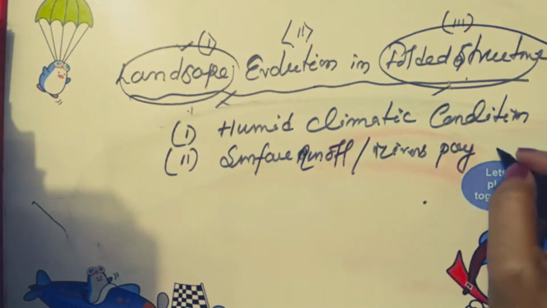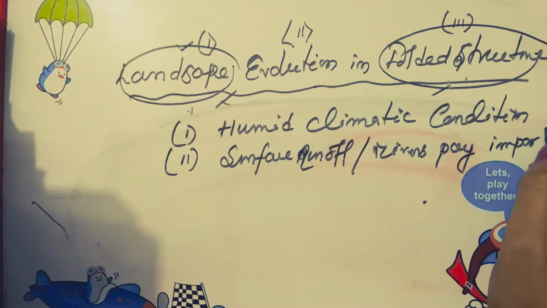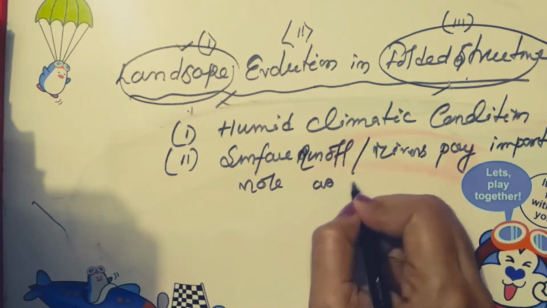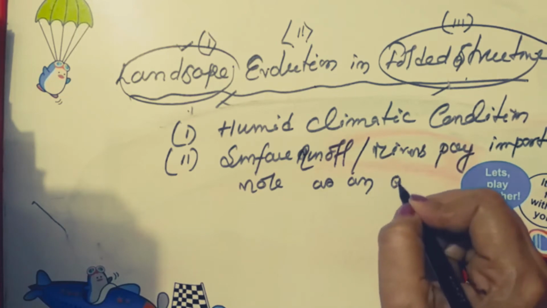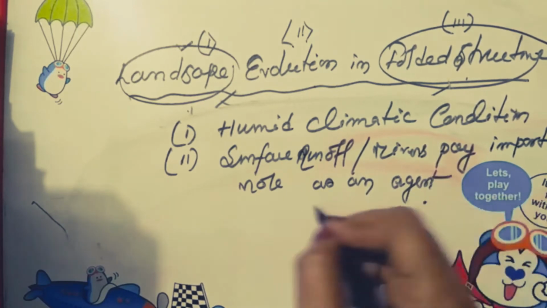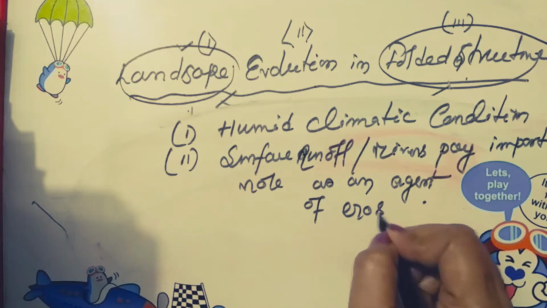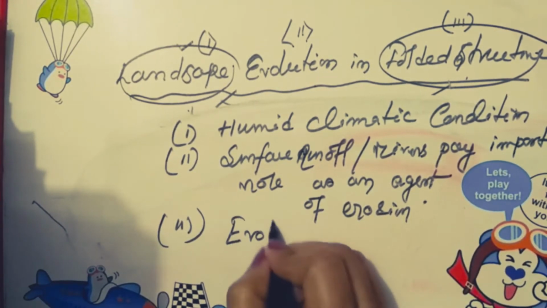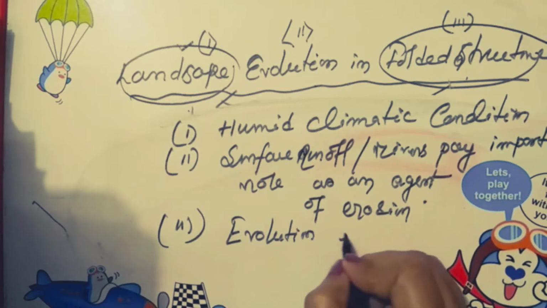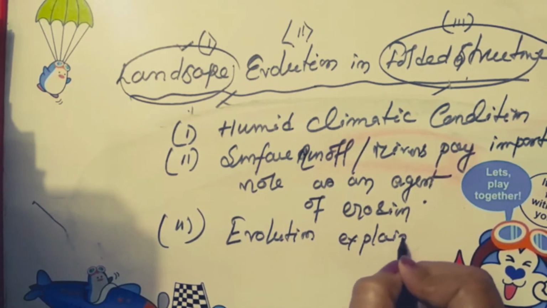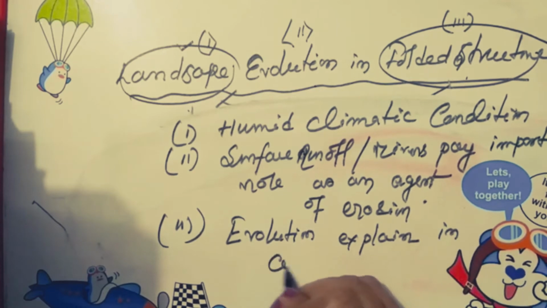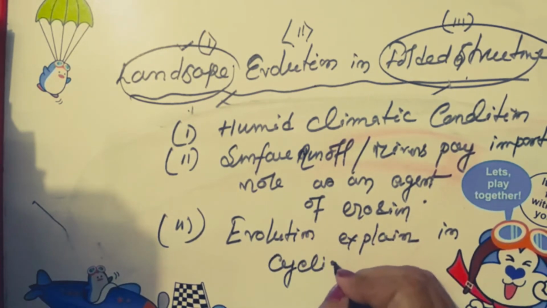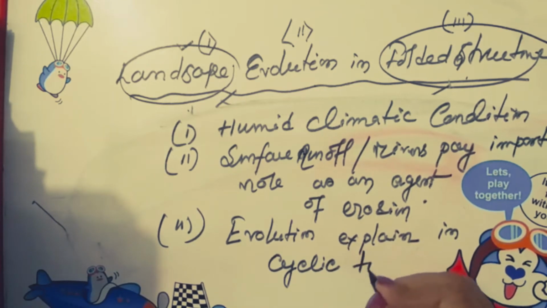Surface runoff plays an important role as an agent of erosion. Third one is that the evolution is explained in a cyclic time scale, where 1 unit is equal to 1 million years. Cyclic time scale.